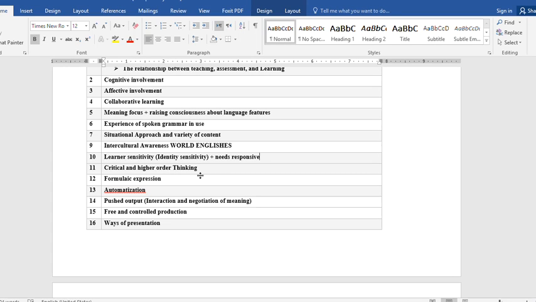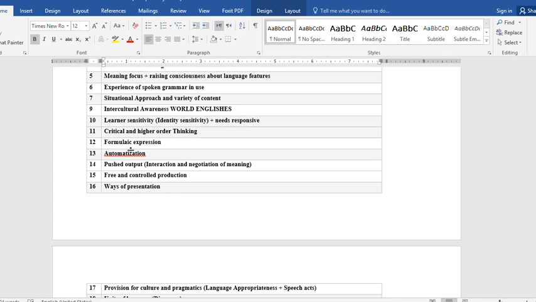Either you are encouraging critical thinking or you are discouraging it. If the textbooks do not create a space for critical thinking, they are discouraging. They are killing critical thinking abilities.